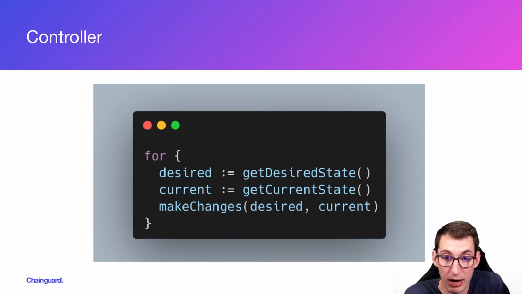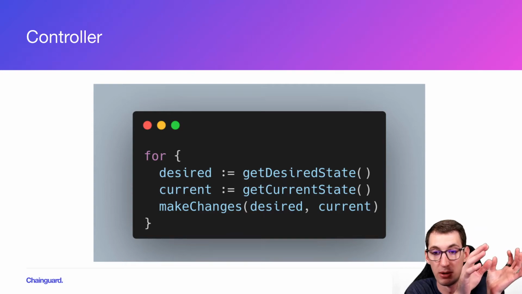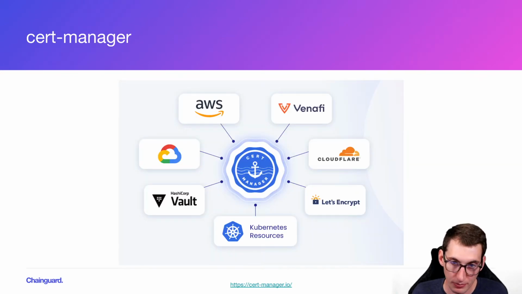But this is the root of it, right? So in an infinite loop, get the desired state from the spec, get the current state from the status, and then make change, right? So do a diff, figure out what we need to do to transition our object from what's desired to how it currently is. And that gets written back into the state. So very simple, very straightforward concept.